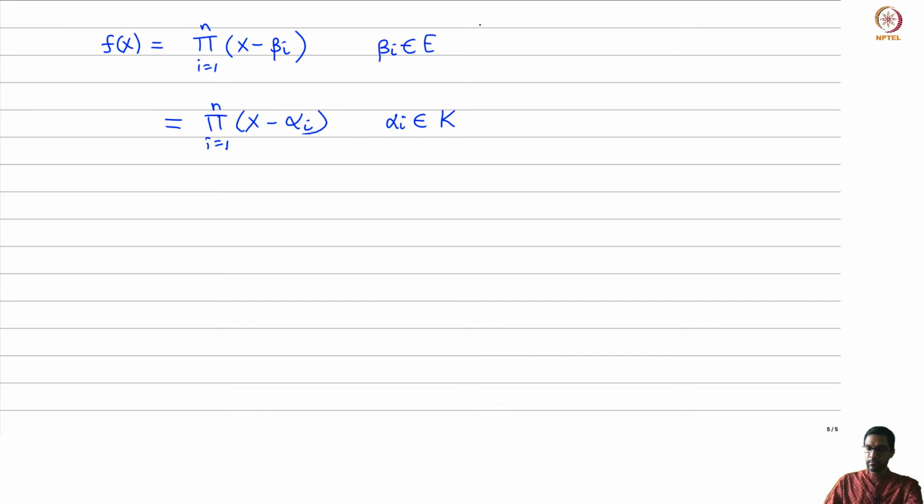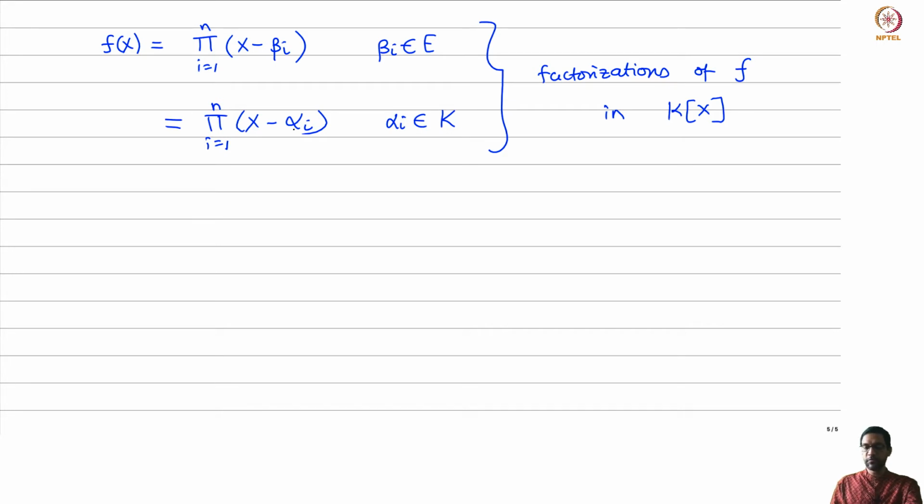Okay. Now these are both factorizations of f in the ring K[x], right? Because E is after all a subfield of K, I can think of the first expression also as being a factorization over K[x]. So now I have two different factorizations in the ring K[x], but K[x] is a unique factorization domain, and each of these x minus alpha i's or x minus beta i's are just linear polynomials, so they are definitely irreducible polynomials.